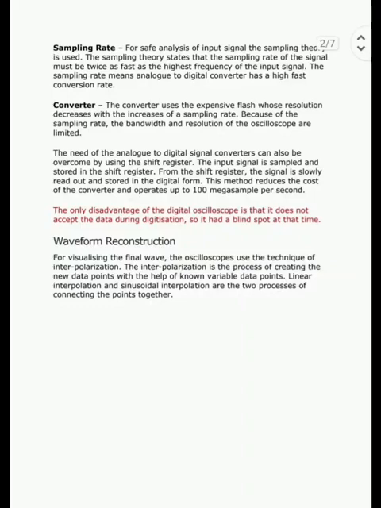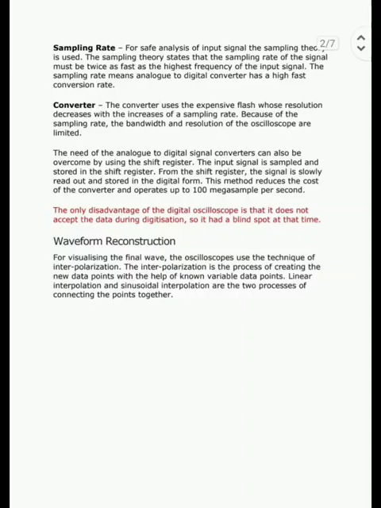Because of the sampling rate, the bandwidth and resolution of the oscilloscope are limited. The need for fast analog to digital converters can also be overcome by using a shift register. The input signals are sampled and stored in the shift register. From the shift register, the signal is slowly read out and stored in digital form.